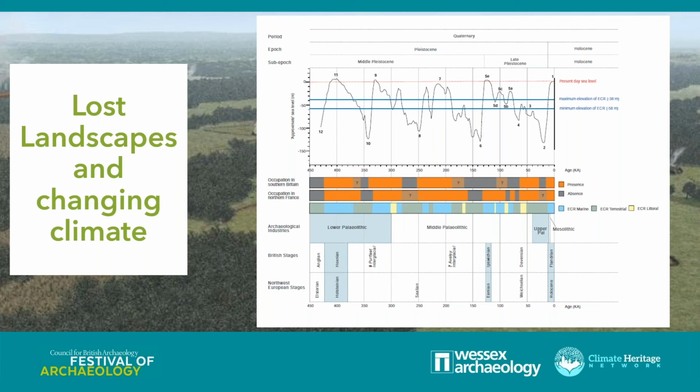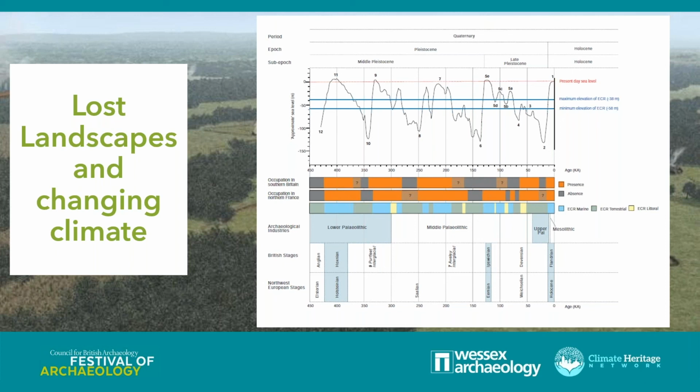What this is all starting to tell us is that these areas, which were quite close to the coast in the past, or areas which were open landscapes in the past, these now drowned offshore landscapes, are the key to understanding human activity during these periods.